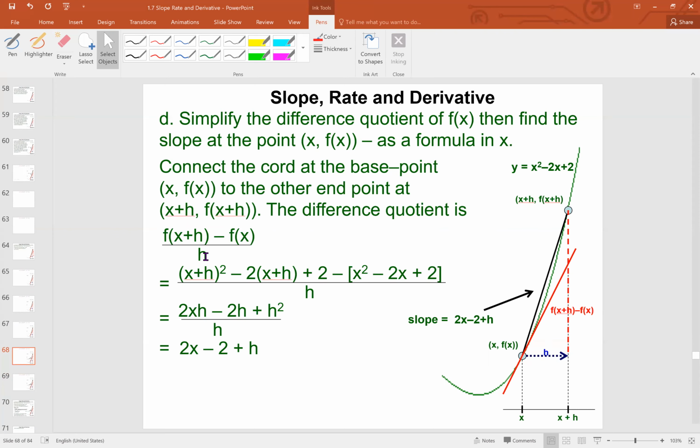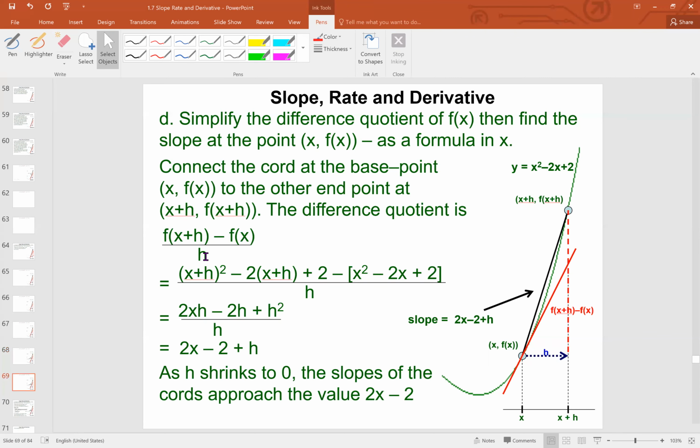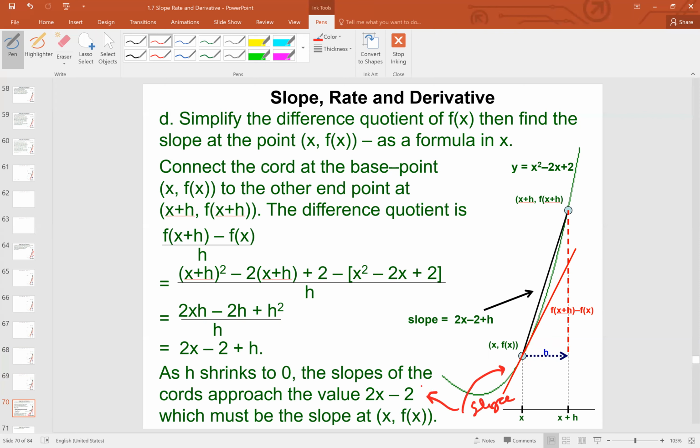So in the simpler form, after we get rid of the h in the denominator, now I can tell what happens when h becomes smaller and smaller and disappears. As h goes to 0, the answer is 2x minus 2. So in other words, the slope of this tangent line at the point x, the slope of the tangent, is 2x minus 2.